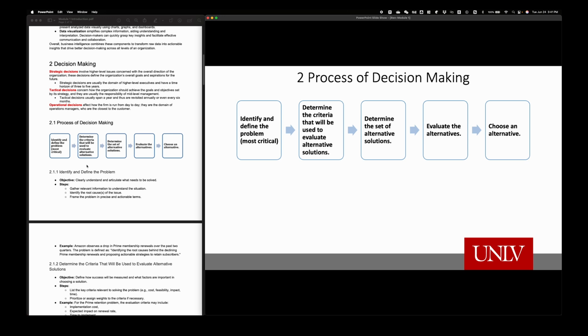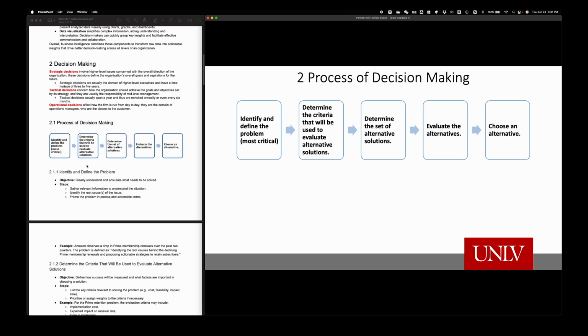Whether it's a high-level strategic decision like expanding into a new market, a tactical decision about improving delivery speed, or an operational decision on managing daily warehouse tasks, they all follow a similar logical process. So let's take a closer look at the process of decision making.